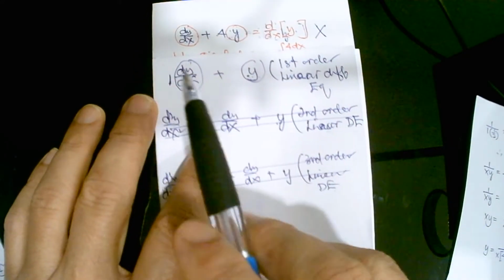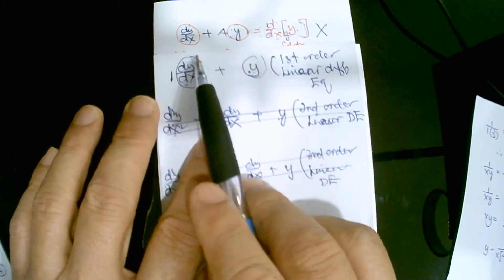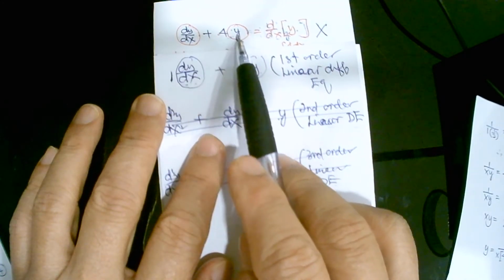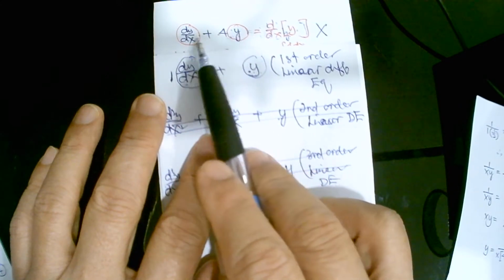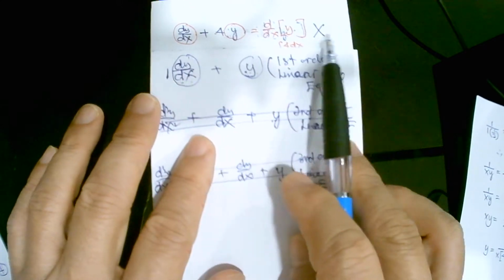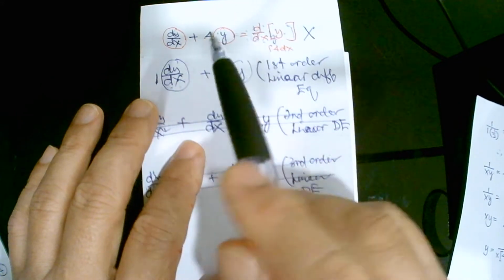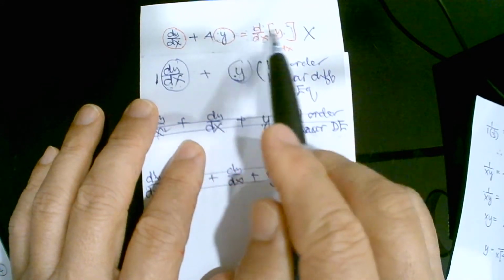So now you look at this one. Let's say I give you this. Look at dy/dx and y. This is called linear. But you cannot combine these two like this.